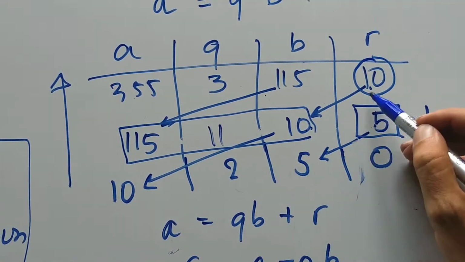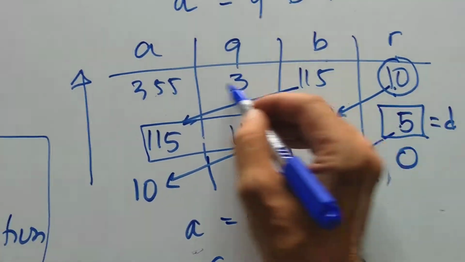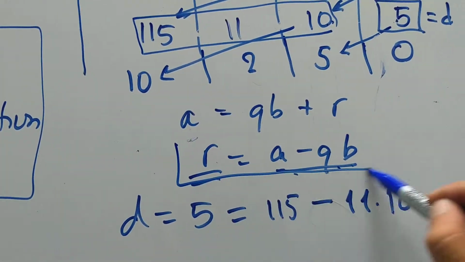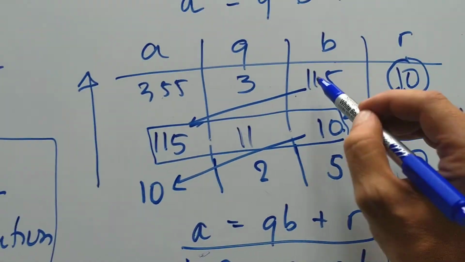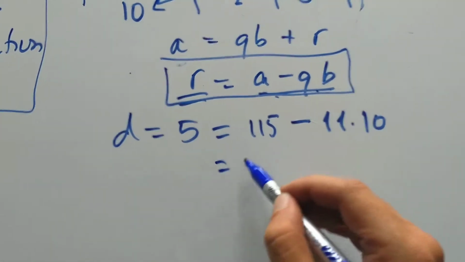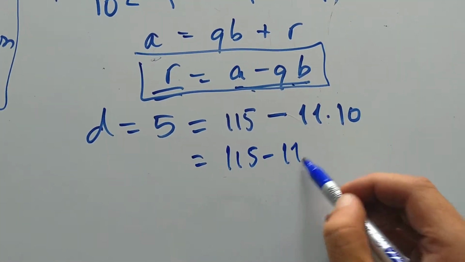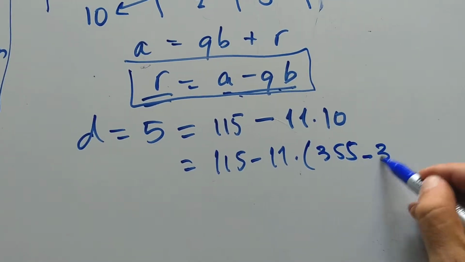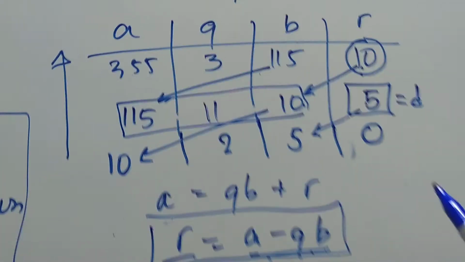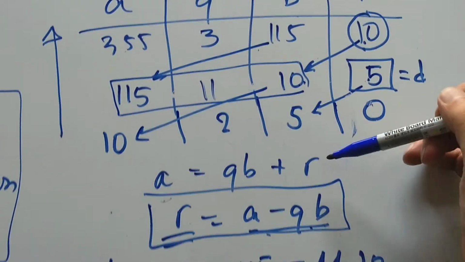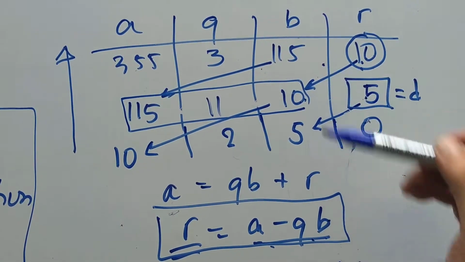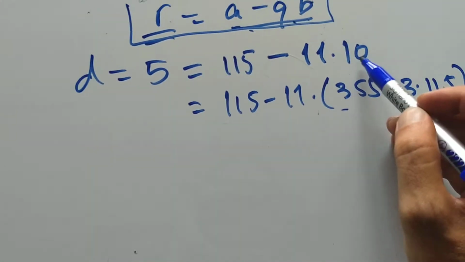Now I can plug that in. I apply the same idea again: I calculate this remainder in terms of these numbers. So I get 115 minus 11 times, now 10 is 355 minus 3 times 115. See? Get R, solve for R, plug it in here, get rid of the 10.